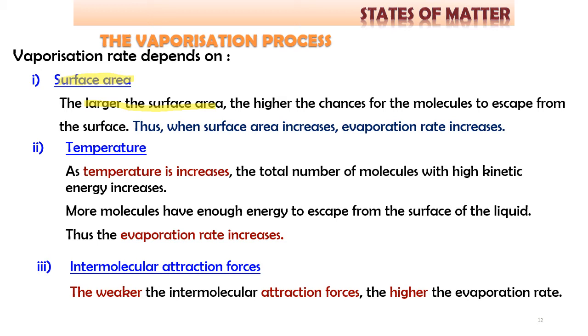Okay, so if you have a small beaker and a basin or a bowl of water, the larger the surface area, the molecules on the surface will be more easily evaporated. More molecules can be evaporated lah.